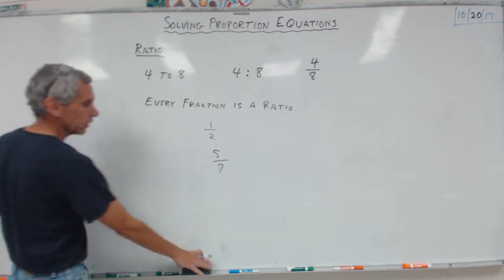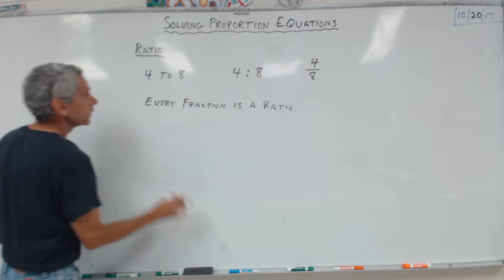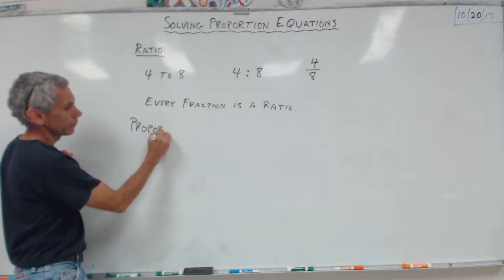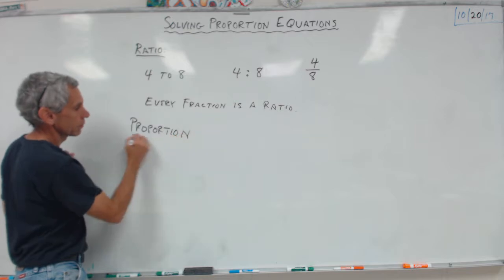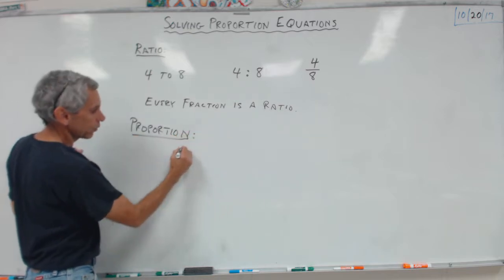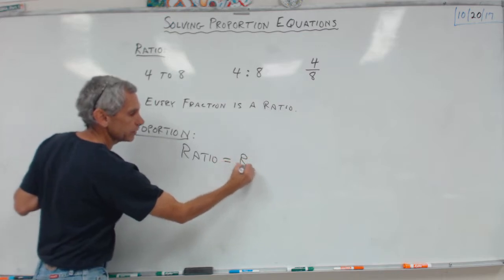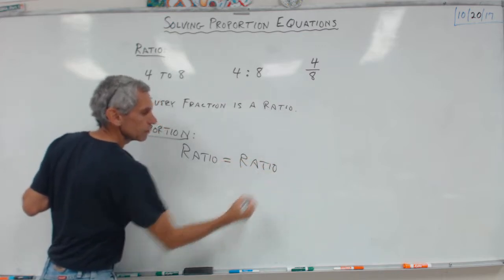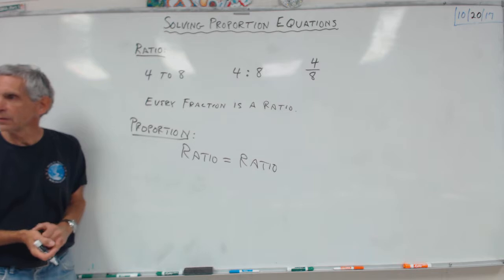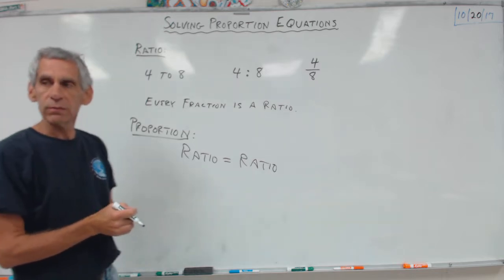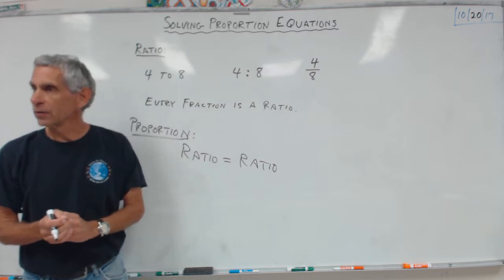Now the difference between a ratio and a proportion is a proportion is a ratio equaling a ratio. Okay? That makes sense? So you have a fraction equaling a fraction. You guys know what equivalent fractions are, right?